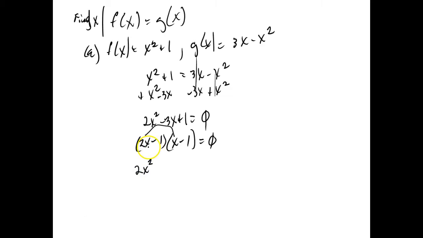Then next is outer, negative 2x, inner, negative x, and then last, plus 1. Let's see what that gives us. 2x squared minus 3x plus 1. Yes, it worked. We did it right. And you also have a smiley face for doing it right. Okay, good for you.